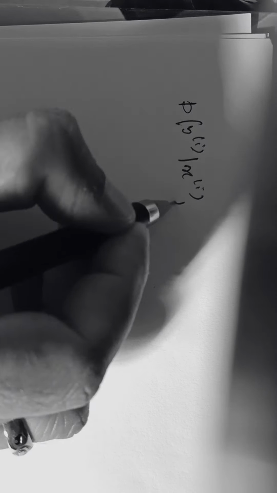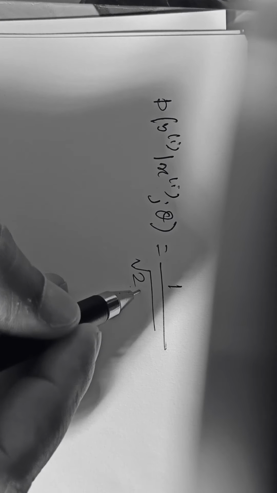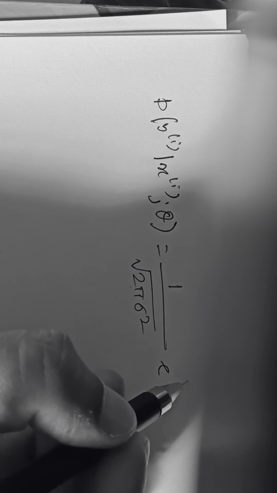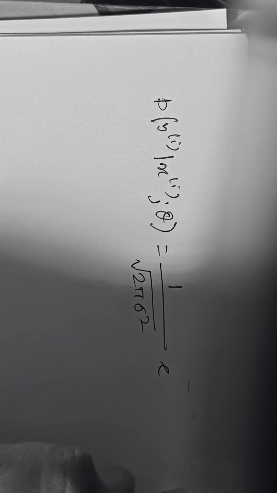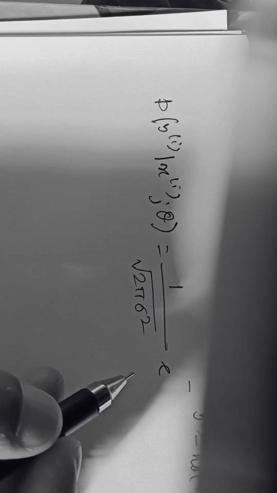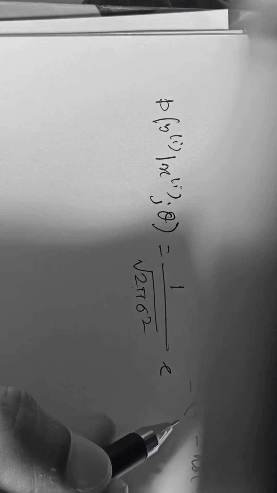Now let us write once again: the probability of y for a given x parameterized on theta is equal to 1 by root 2 pi sigma square e to the power minus y minus h theta x whole square by 2 sigma square.